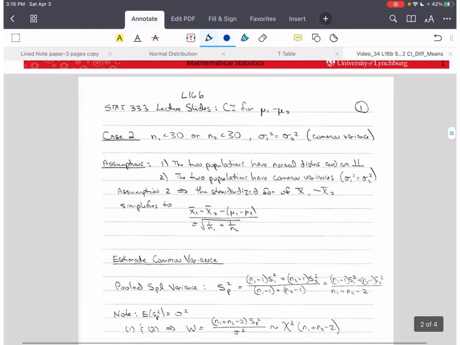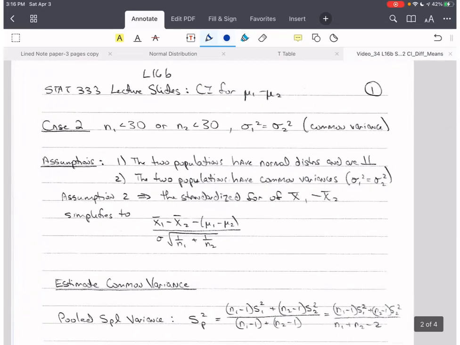So last time we looked at case 1 where n1 and n2 were both greater than 30. In mathematics, the word "or" means either or both.